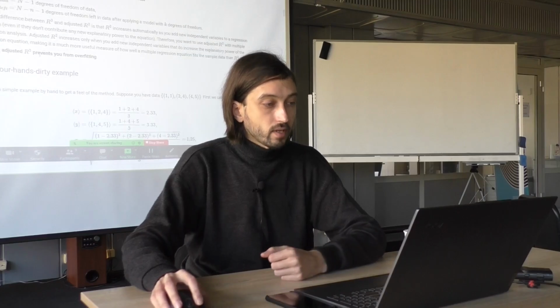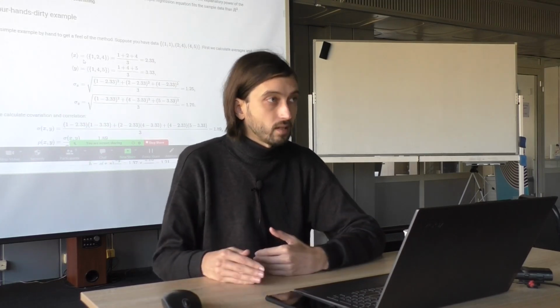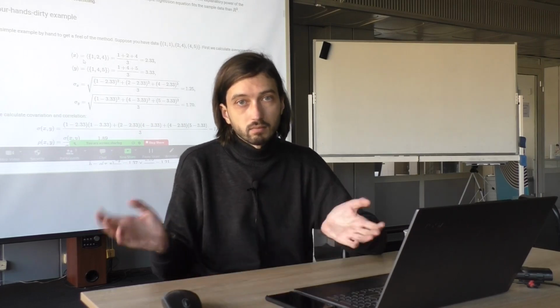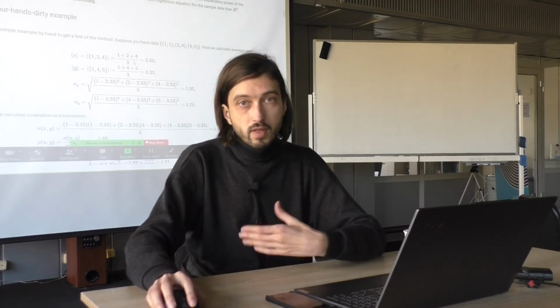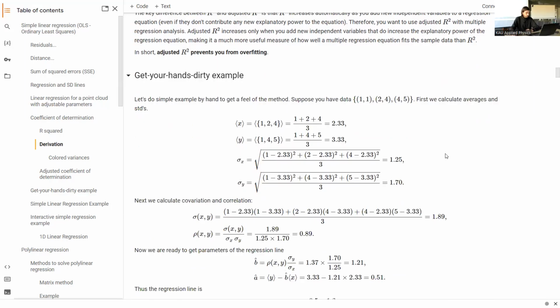So in short, adjusted R squared prevents you from overfitting, because you are overfitting when you are adding new features without any consideration of whether they have any meaning or not.